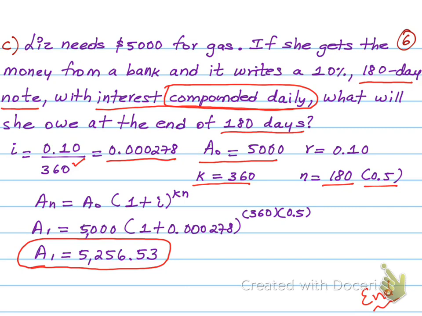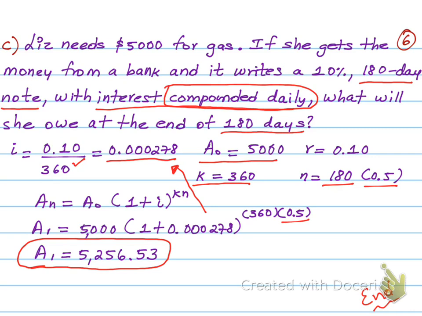We use the formula that we have, AN is equal to A0 times 1 plus I to the K times N, and we plug in the numbers. So that's 5,000 times 1 plus this rate that we calculated before to the 360 times 0.5, because the problem is asking for half a year.